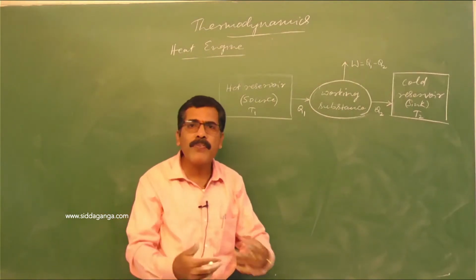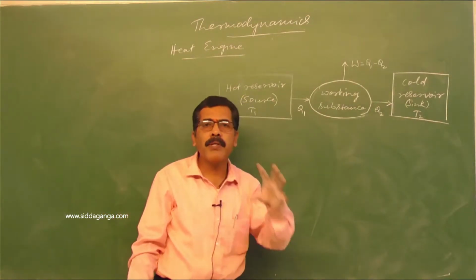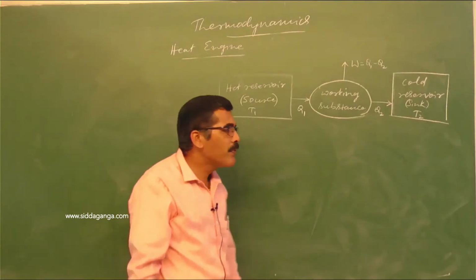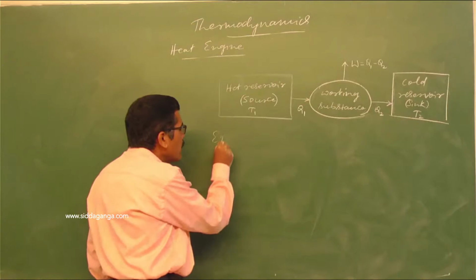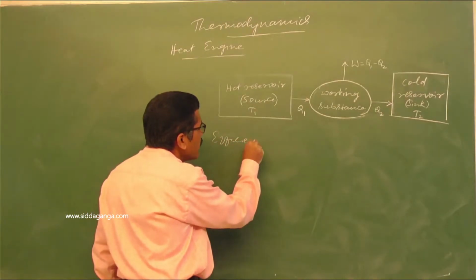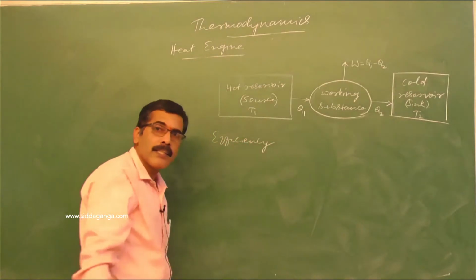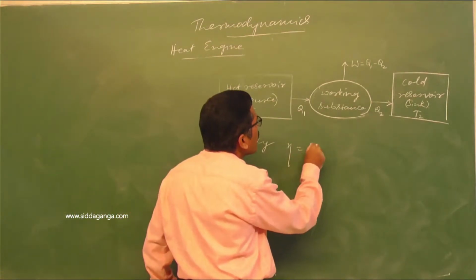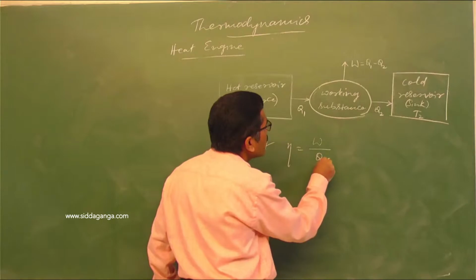The performance of a heat engine is characterized by a quantity called efficiency. Efficiency of a heat engine is given by the ratio of the amount of work done to the heat supplied.